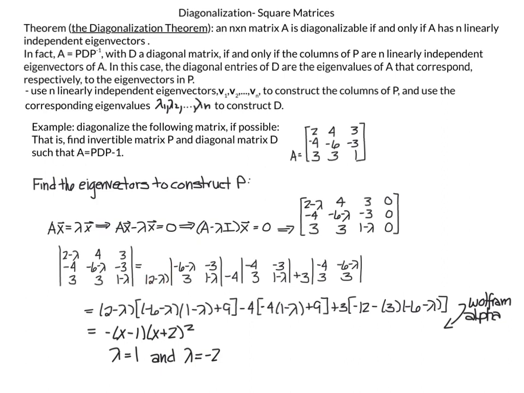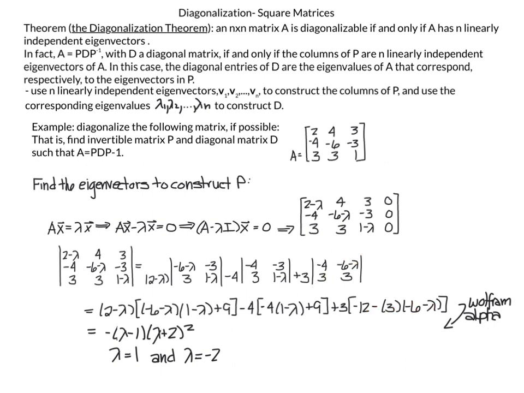Finishing my determinant calculation, I have my 2 minus lambda cross multiply, I get -6 minus lambda times 1 minus lambda plus 9. My -4 cross multiplying, -4 times 1 minus lambda plus 9, and then 3 times -12 minus 3 times -6 minus lambda.